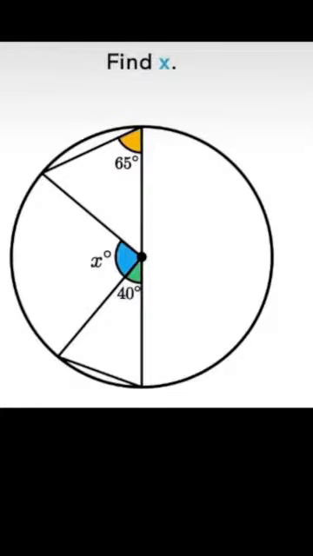It is 90, not 75. X is not 90, guys. You need to check your logic. If you are saying it as 90, then let me know how you are getting it as 90.